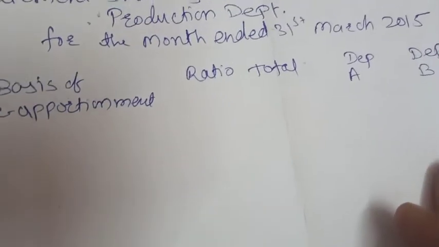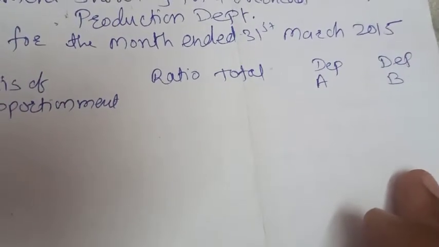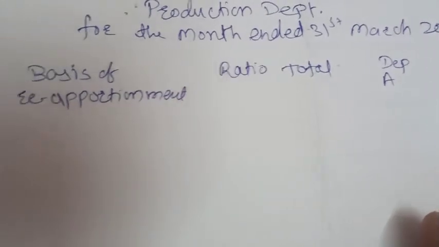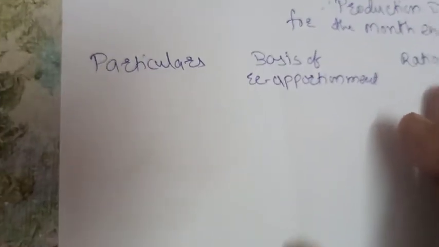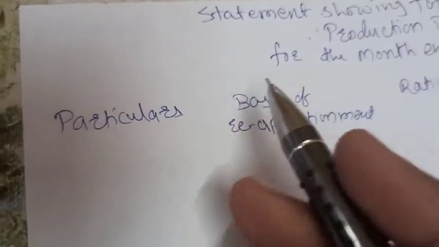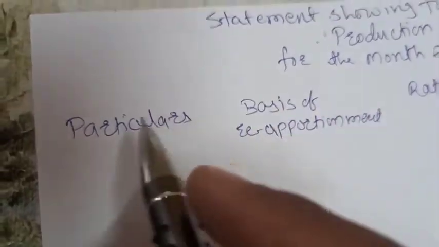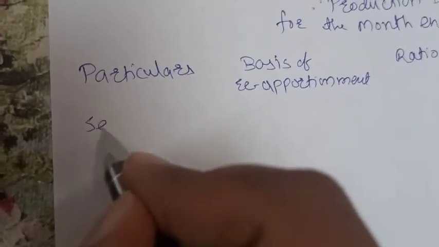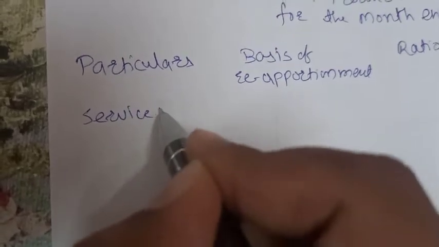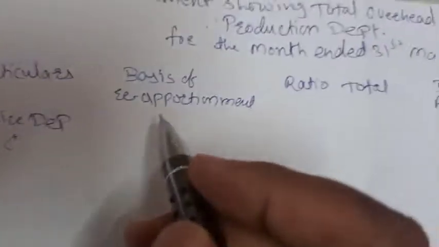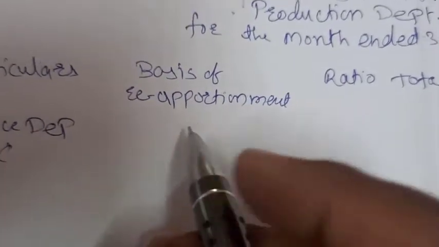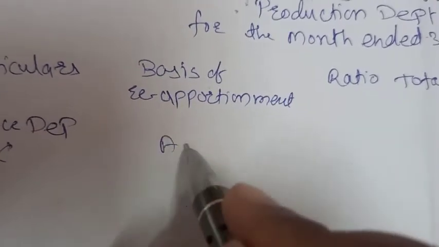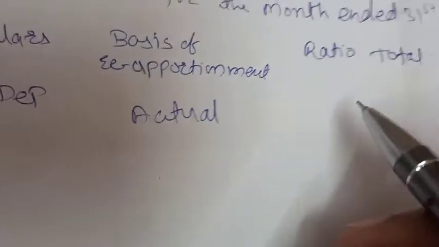Then ratios, total, and department A, department B. In the particulars column we mention the name of the service department, that is service department C. So what is the basis? They already provide the ratio, therefore the basis is actual.